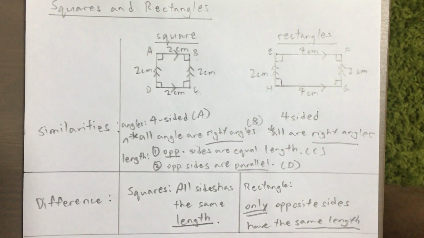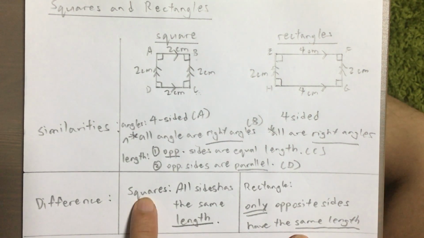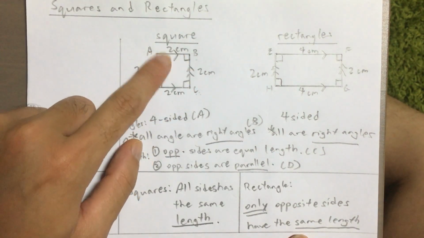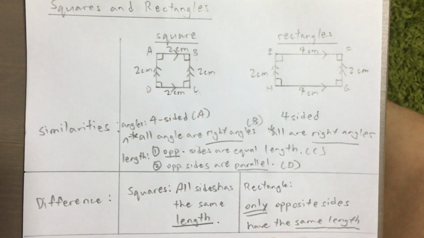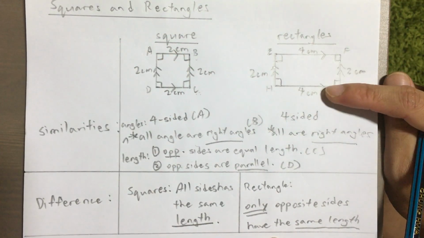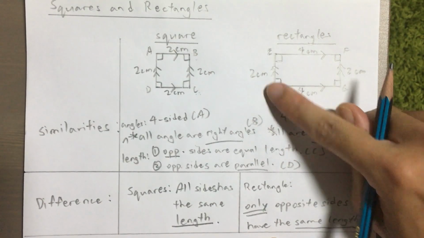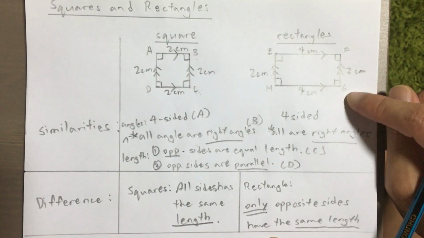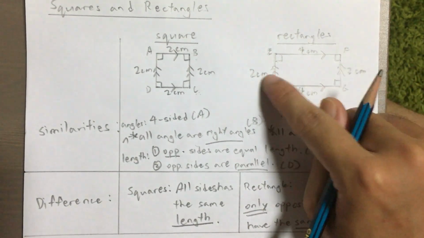This is the main difference between a square and rectangle. Squares, all sides are equal, 2 cm, 2 cm, 2 cm, 2 cm. But for a rectangle, only opposite sides. Opposite sides meaning EF, GH, EH, FG. Only opposite sides, same length.